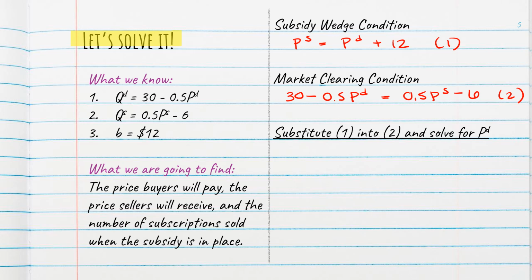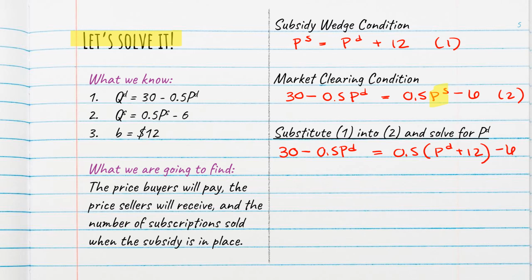So what we're going to do is take equation 1, the subsidy wedge condition, and substitute it into equation 2. In particular, where we see PS, right here, we're going to plug in what we know about PS. So I have 30 minus 0.5 PD is equal to 0.5 times (PD plus 12), all minus 6.